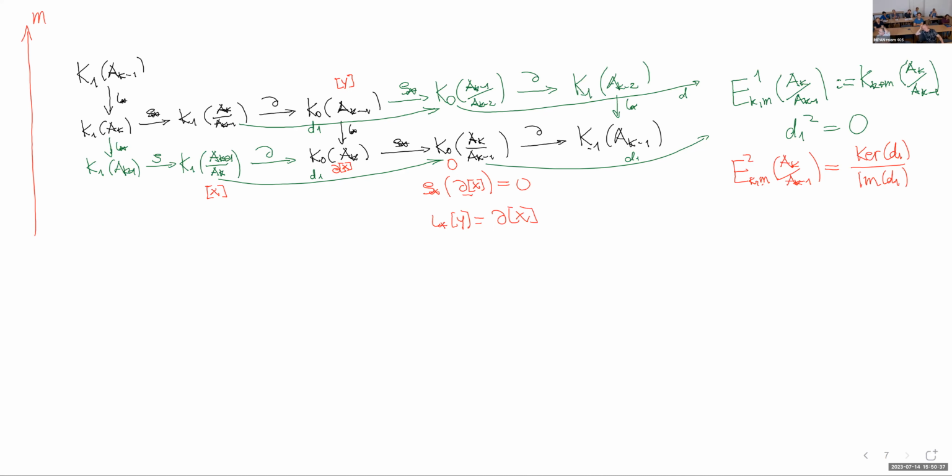Now what the D2 differential does is it takes this y and sends it to rho star y. So our D2 goes now that way.